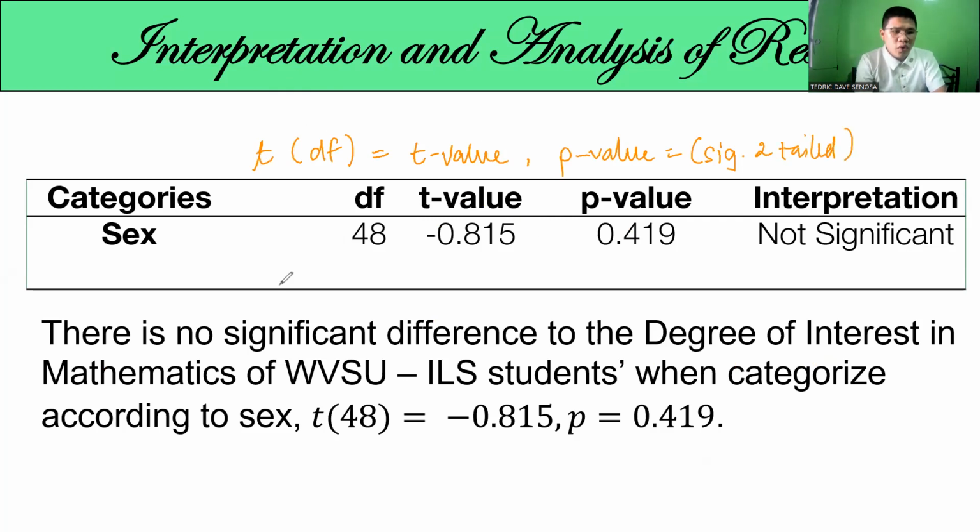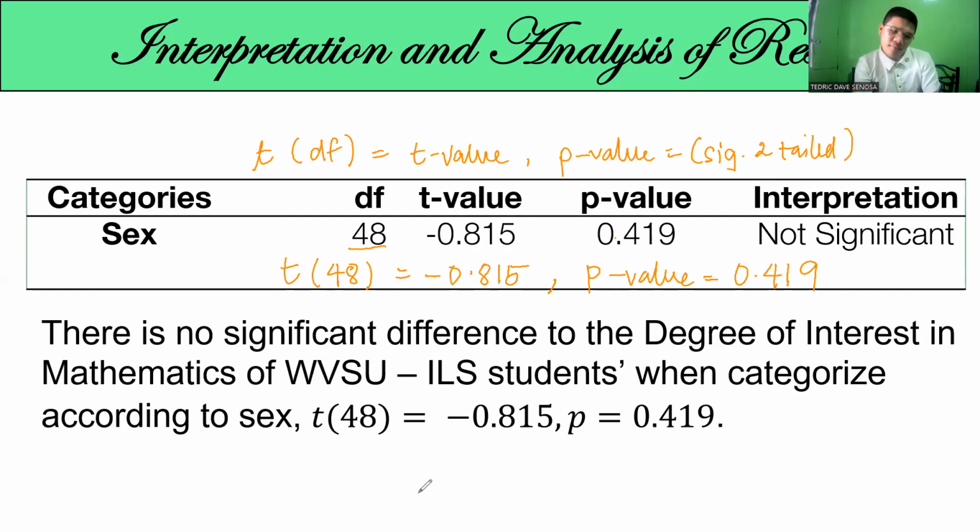You put t, open parenthesis, your degrees of freedom. As you can see, the degrees of freedom is the same, so this is 48, is equal to the t value. Your t value is 0.815, comma, your p-value is of course the p-value here, the Sig. two-tailed, so 0.419.